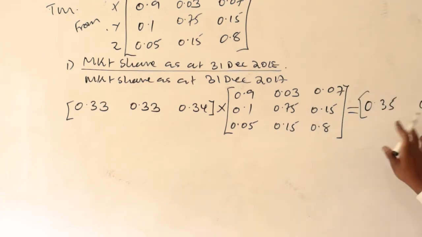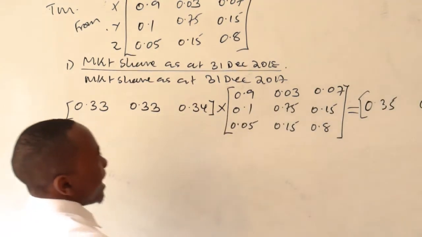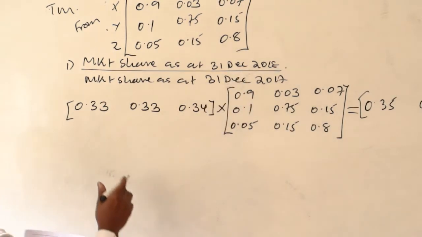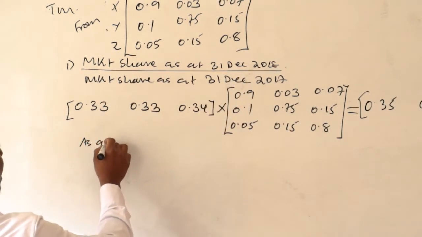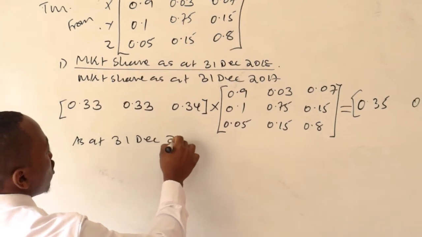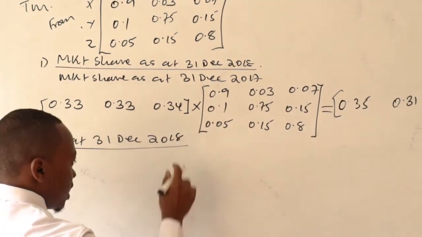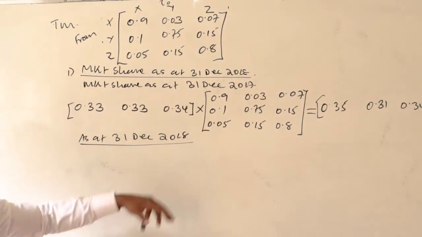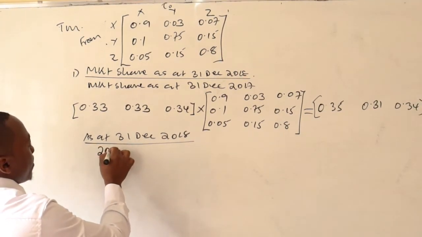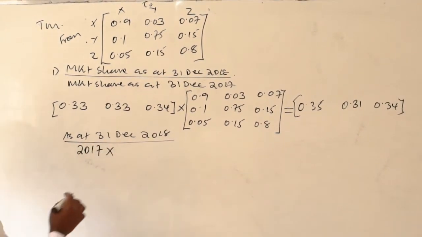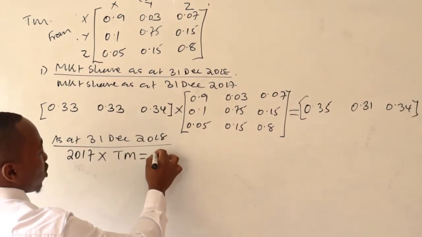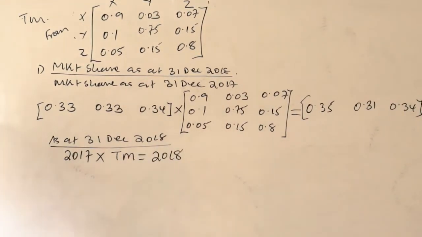Then you use that as at December 2017. To get 1st December 2018, you will use December 2017 times the transition matrix.